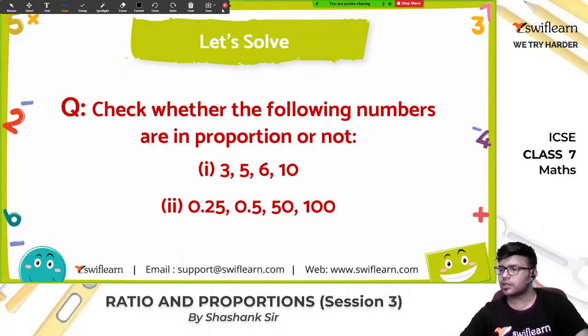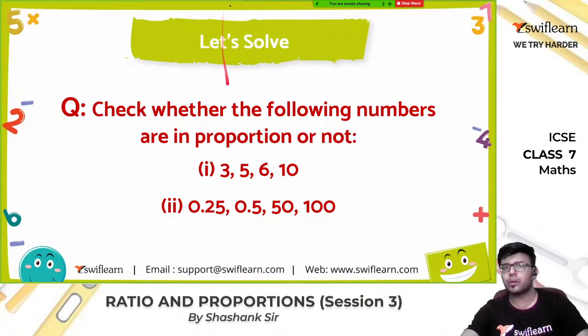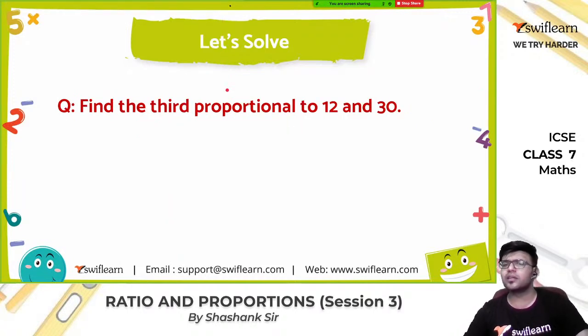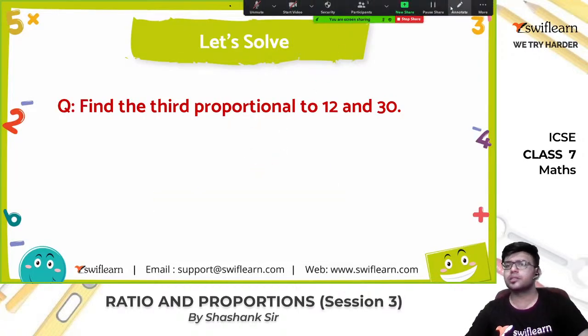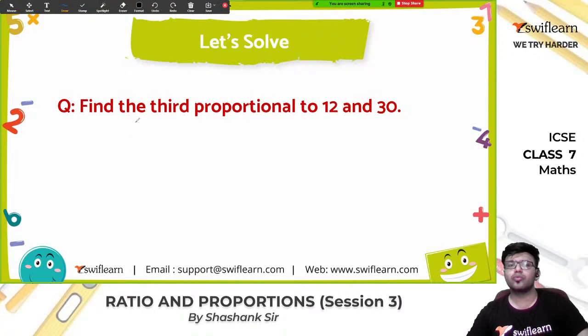Okay, Aryavrat, now you can pay attention from now. Find the third proportion, guys. So find the third proportional to 12 and 30. A, B, C are said to be in proportion if A is to B is equal to B is to C. So yes, hamein C, the third proportional, nikalna hai.